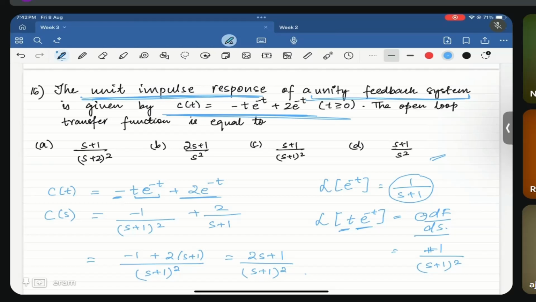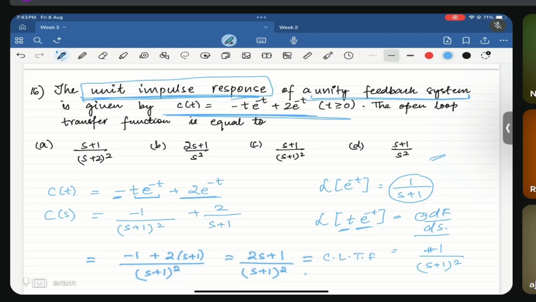Yes. Unit impulse response is equal to the transfer function only, because in that case the input is 1, so the response is equal to the transfer function only, right? So this is the unit impulse response of a unity feedback system, which means it is the closed loop transfer function.